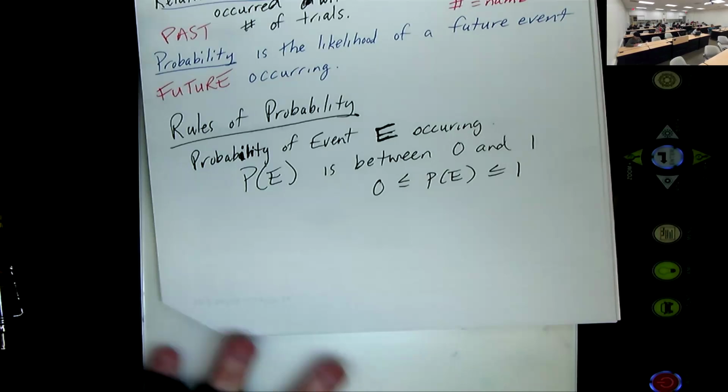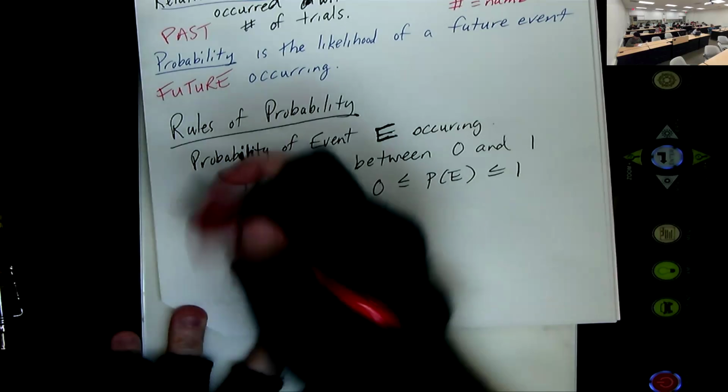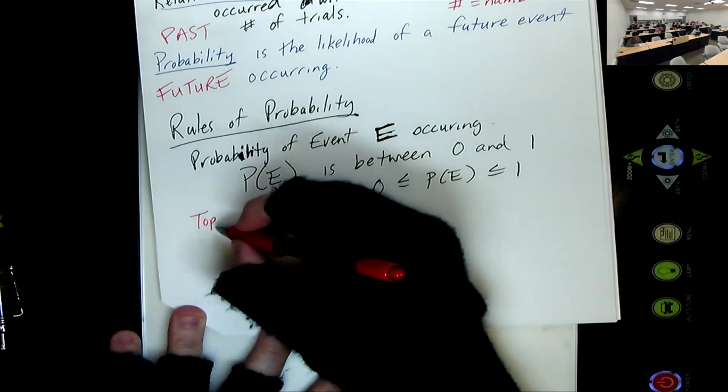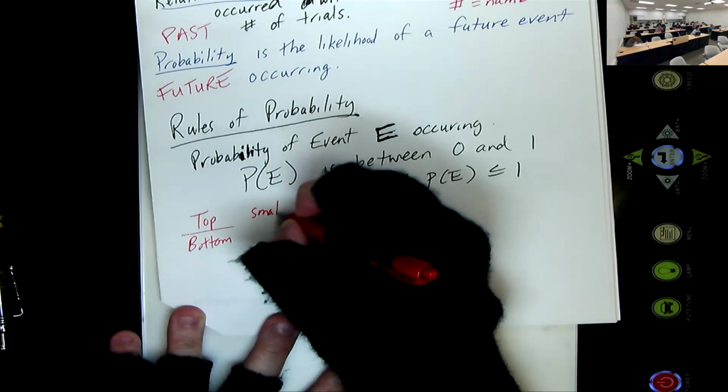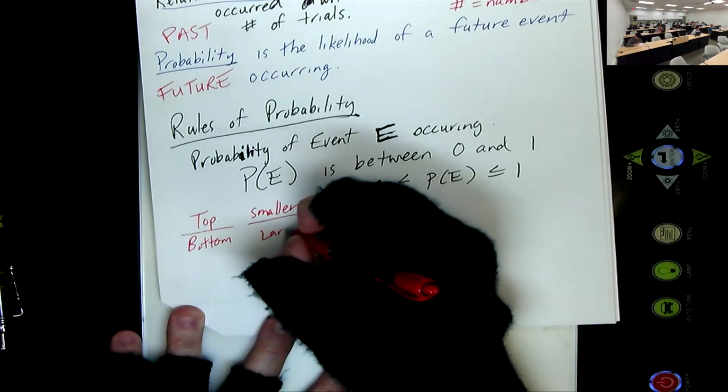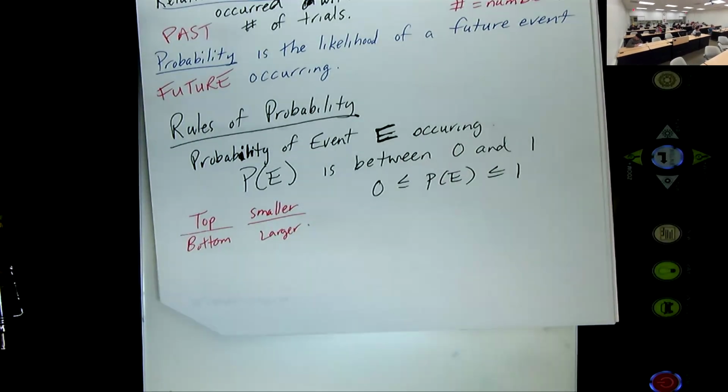Which means as a fraction, the top over the bottom, this is smaller and this is larger. If it's ever not that way, you messed up. The top will always be smaller. That way, if you put it in the calculator, you'll get a decimal that's less than 1.0.